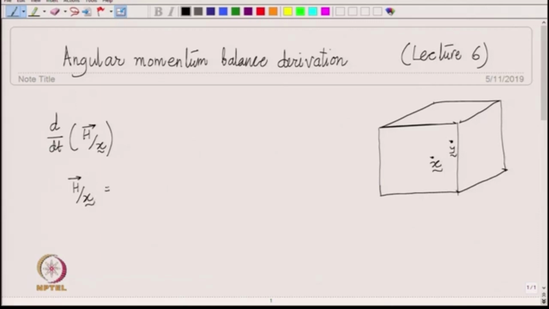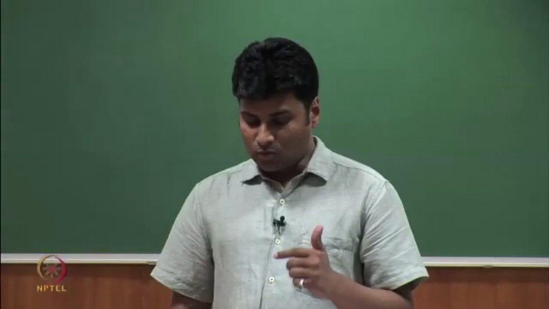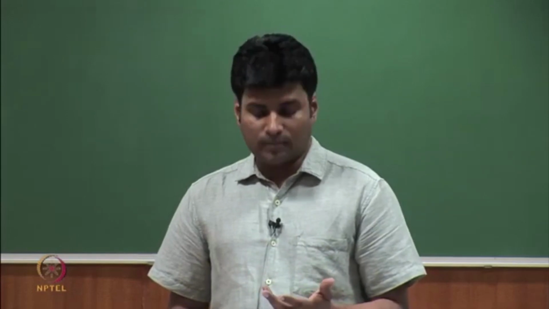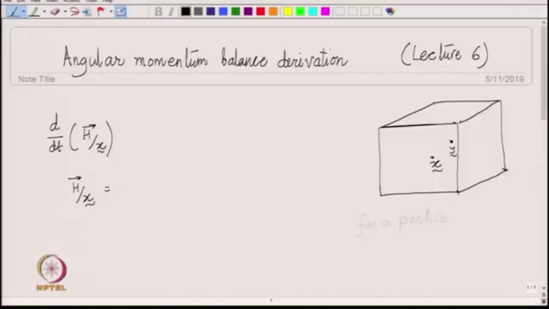First of all, if a particle is moving with the velocity v, then what is its angular momentum? For a particle, it is simply the position vector of the particle relative to the point, let us say O, about which we are measuring the angular momentum, cross product the momentum of the particle. So, that is m times v.